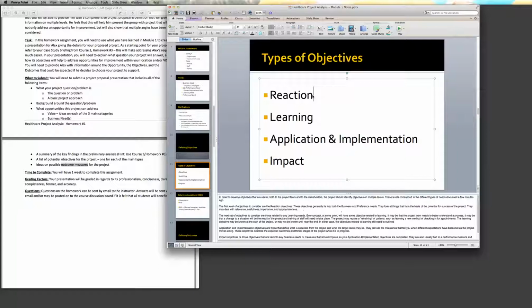Okay, so a reaction objective around the physicians and the coding would be that in the general outpatient clinic, all physicians will understand, let's see, I'm trying to come up with a way to word it where it doesn't get really long.